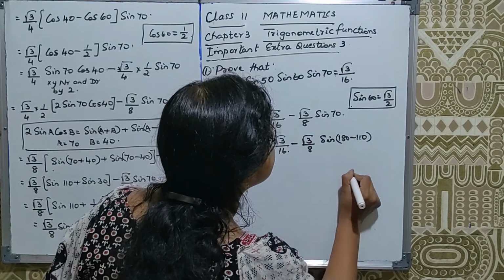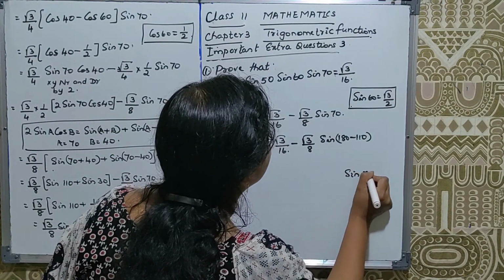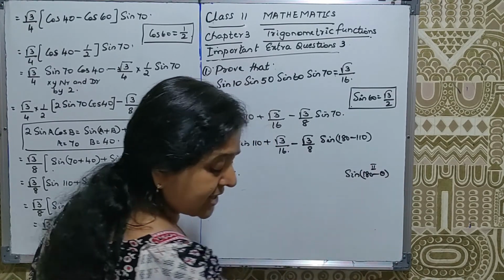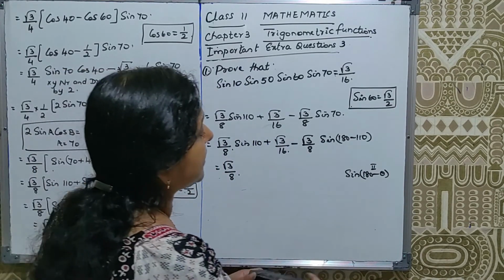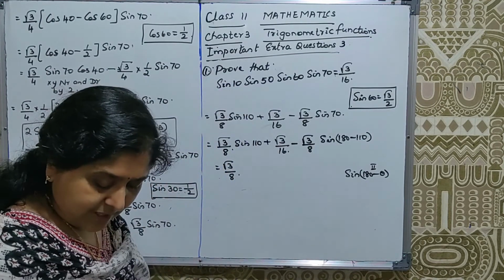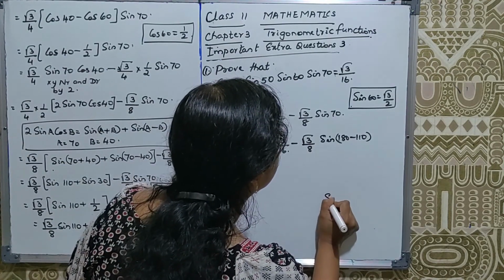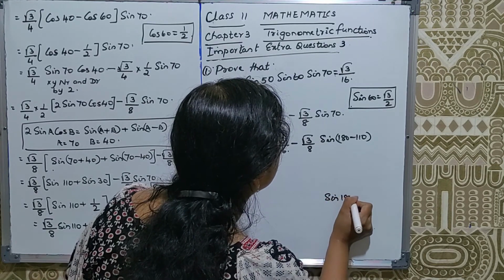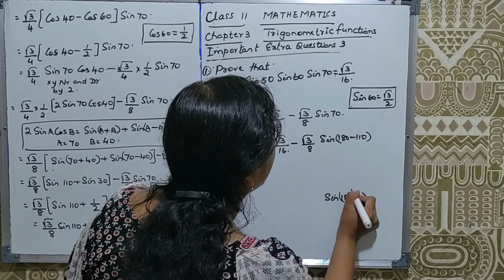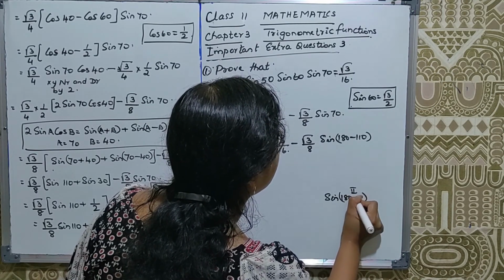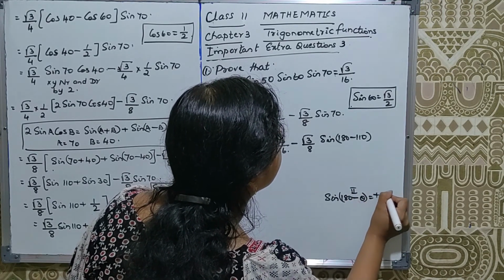But we know that sin 180 minus theta belongs to the second quadrant, and in the second quadrant sin 180 minus theta will be plus sin theta.